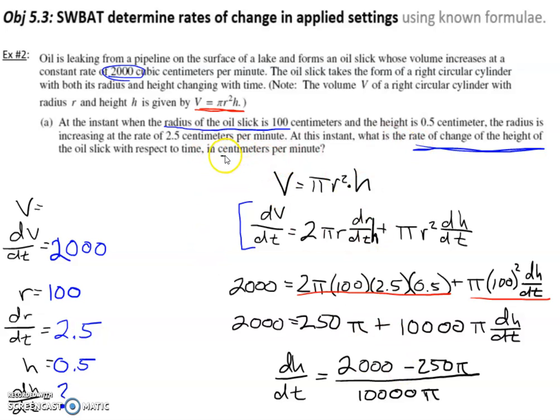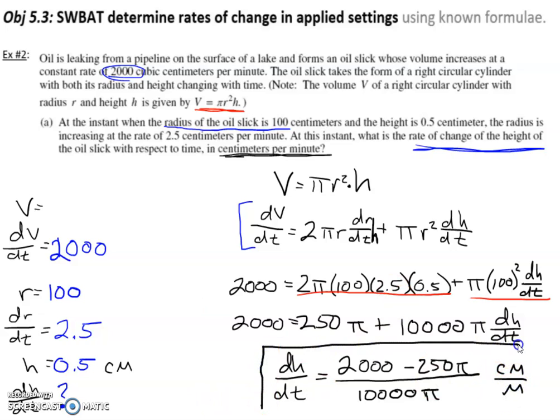It told me what the units were in case I didn't know. I could have figured this out myself because height is measured in centimeters, so this would be centimeters per minute because this was all in minutes. But they told me just in case. So this is in centimeters per minute. And that is the rate of change of the height of this cylinder.